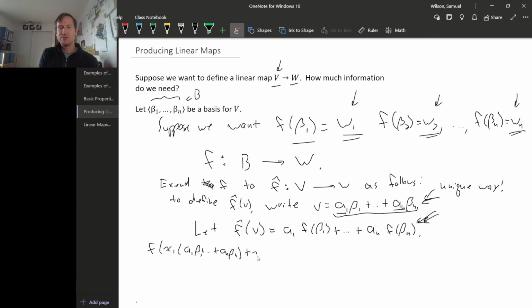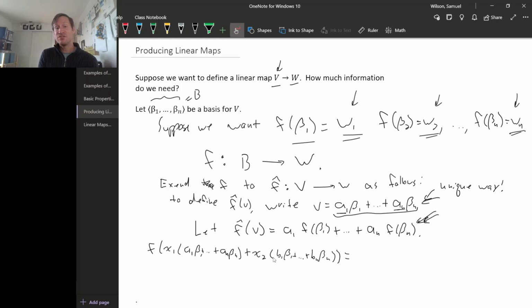Plus, now we're doing a linear combination of two vectors, so we need another scalar, x2, and another vector, which is b1 beta 1 plus dot dot dot plus bn beta n.